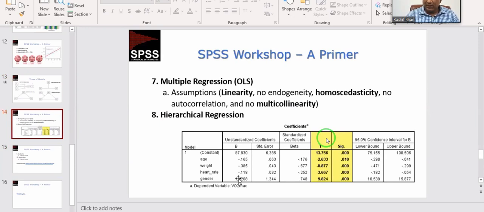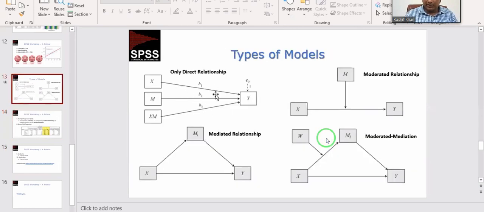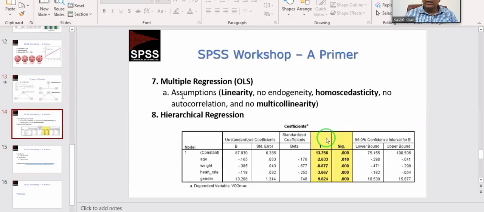Number one, we will be doing multiple regression, OLS, ordinary least squares, which means we do the first model, only the direct relationship. Whenever we run regression, there are assumptions.